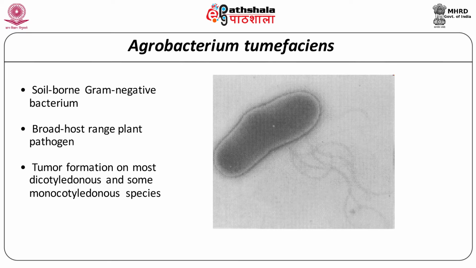Since the discovery of the bacterial origin of this neoplastic disease by Smith and Townsend in 1907, a large number of researchers have focused on the study of this process, with the hope of understanding the mechanism of oncogenesis in general and applying it to biotechnology.